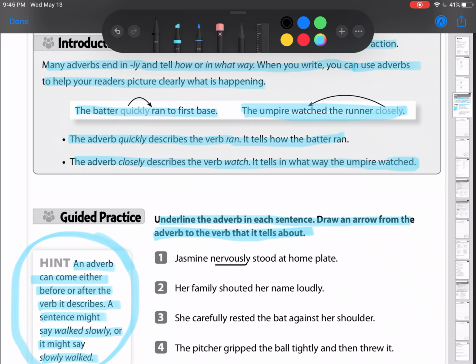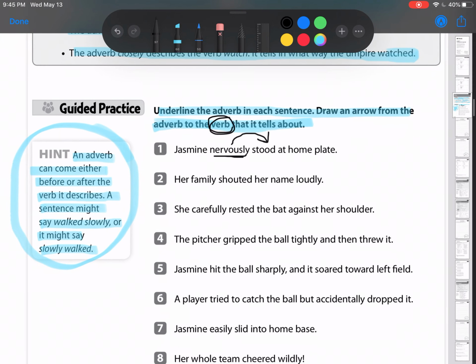So I'm going to underline that. And what is the word nervously describing? It's describing how she stood. Okay? So the arrows are going to our verbs, and standing is an action.